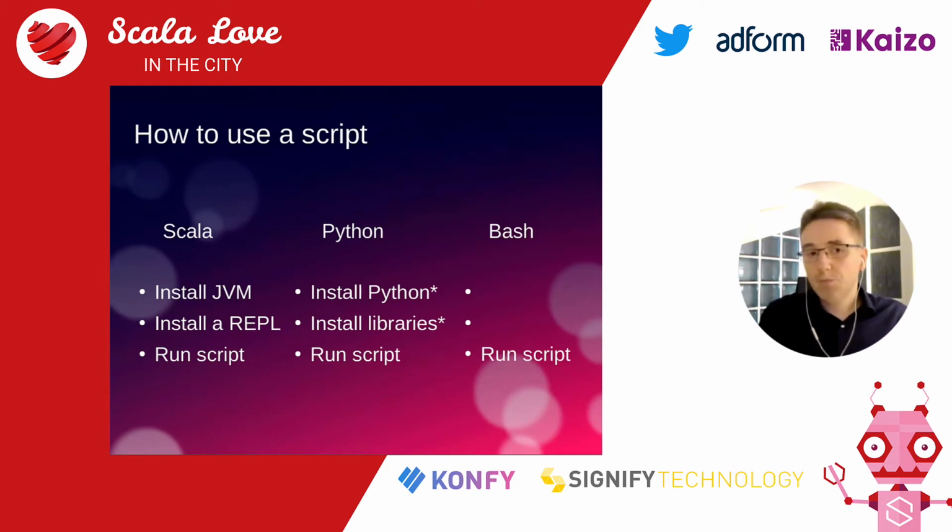So for Scala scripting, a JVM is a necessity. You need to have a JVM, you need to install a REPL, be it Ammonite or the other one, and then you are able to run scripts. So, well, you may ask, what's the deal?